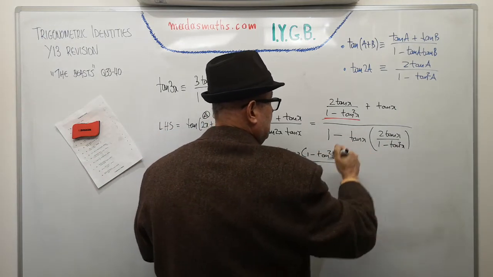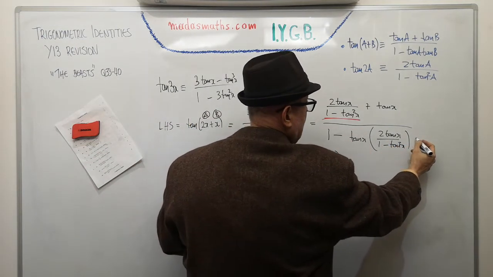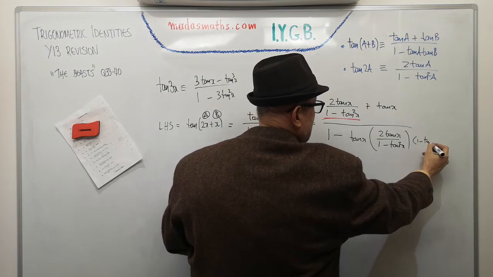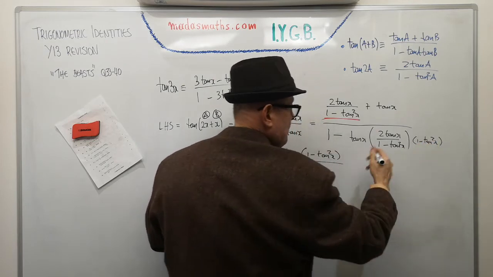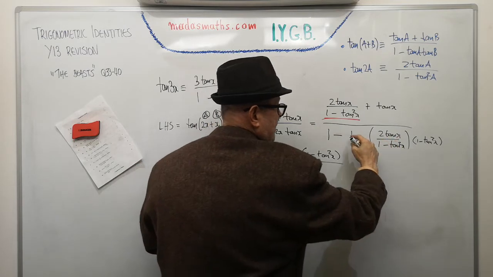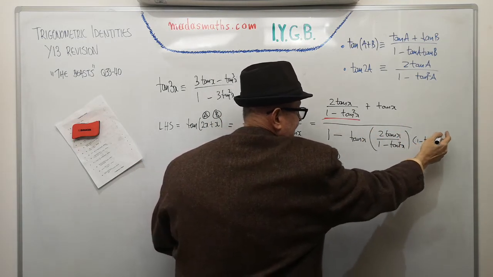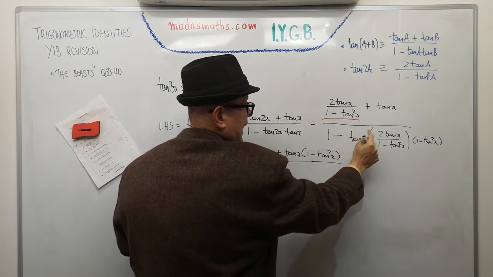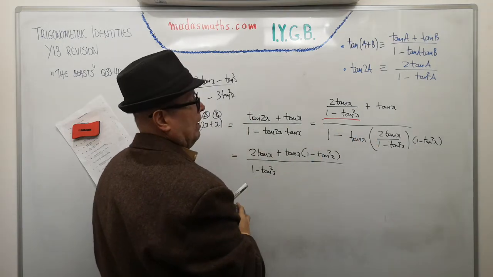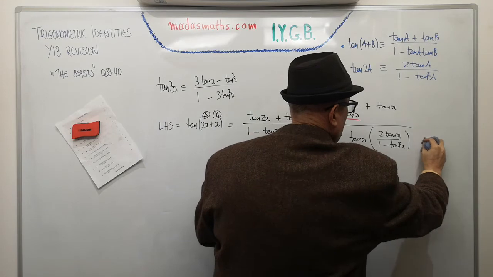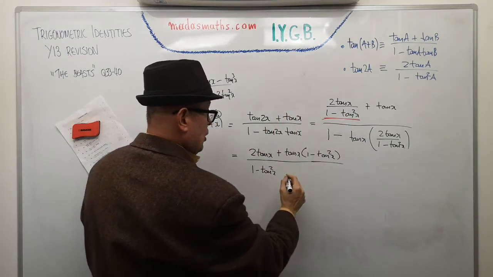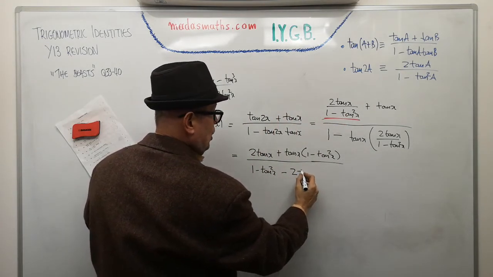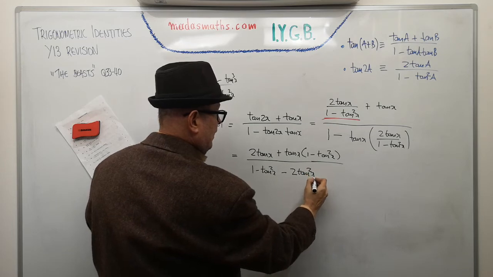And all of this needs to be times by 1 minus tan squared x. I'm writing so you can see this one, but then I'm going to rub it off. This is one lump, so it will just cancel this denominator, and it will leave me minus tan x times 2 tan x. So I hope you can all see it correctly, so we don't make a mistake with this term. So it's going to be minus 2 tan squared of x.